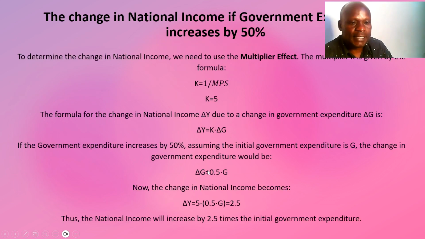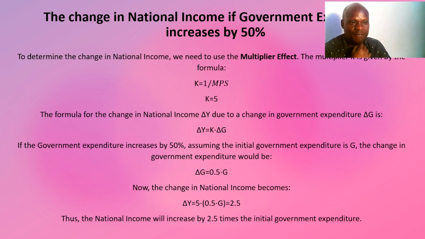Now, the second part required us to determine the change in national income if government expenditure increases by 50%. First, we need to remember that we have what we refer to as the multiplier effect.